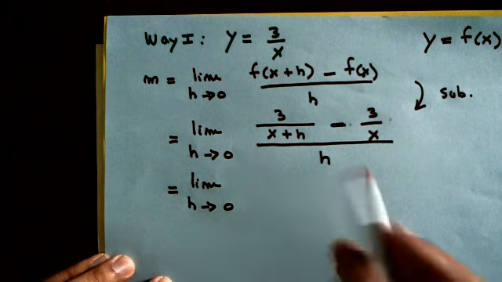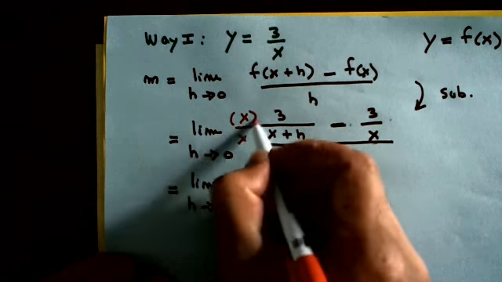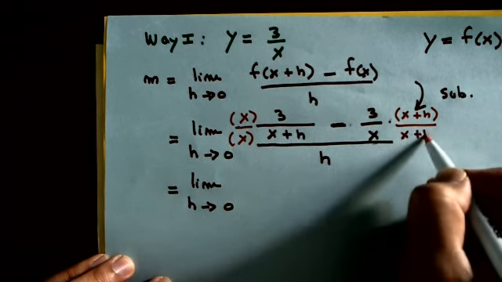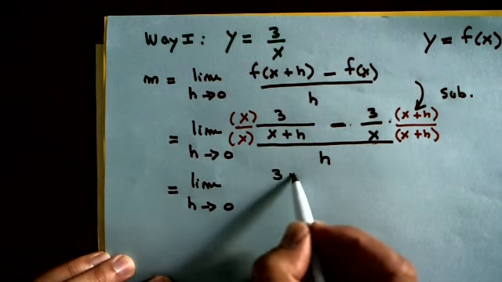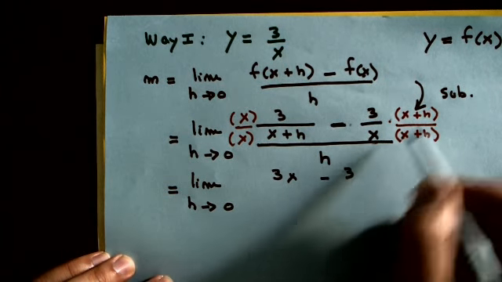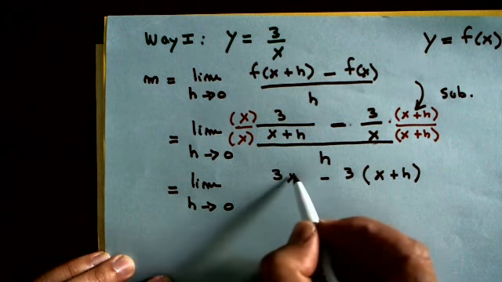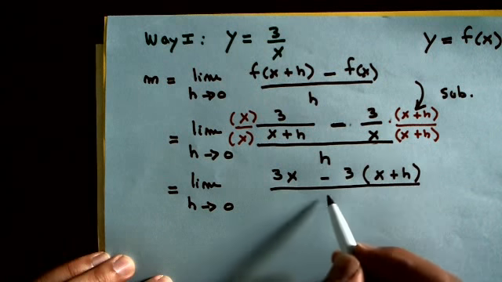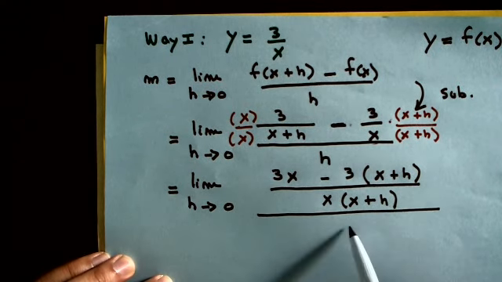So it's going to be 3 times x, minus 3 times x plus h, and since they have a common denominator, x times x plus h, it's all over h.